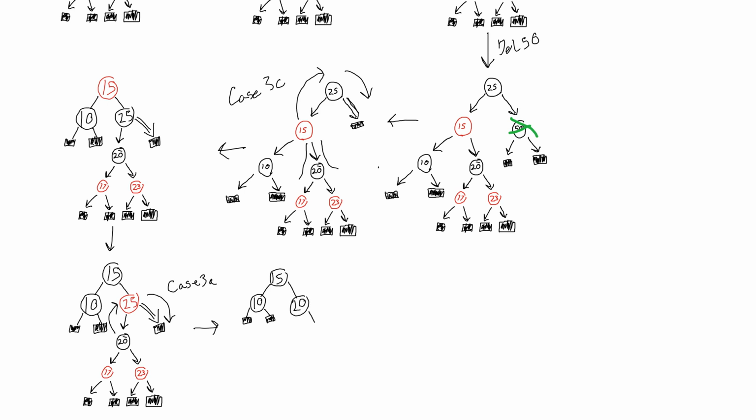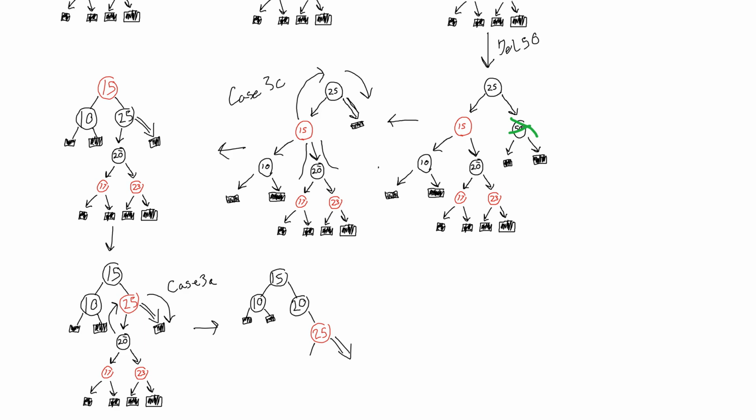And then 25 has moved down here. And 25 still has the double black node coming off of it. 25 will inherit basically the right child of 20, which has moved up to the top.